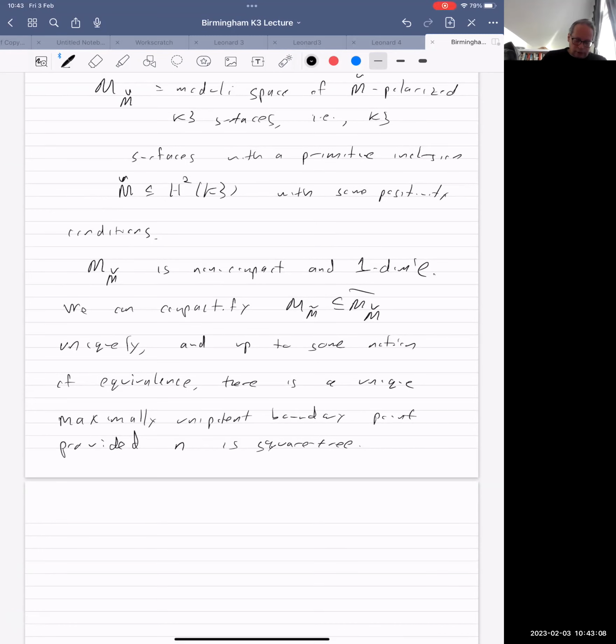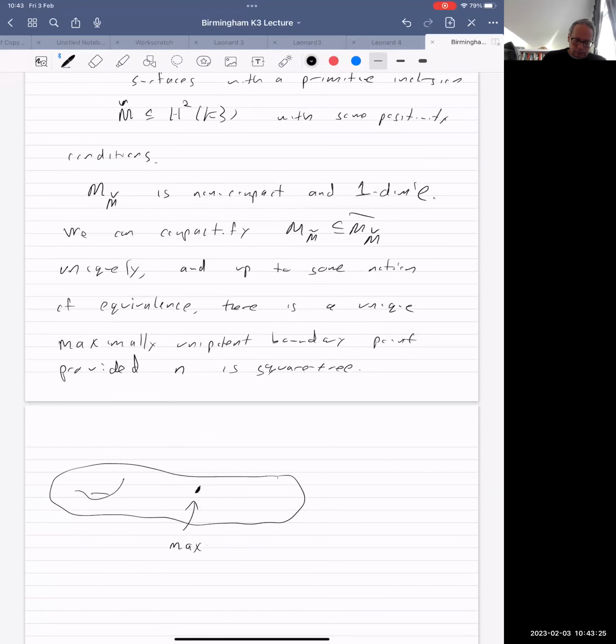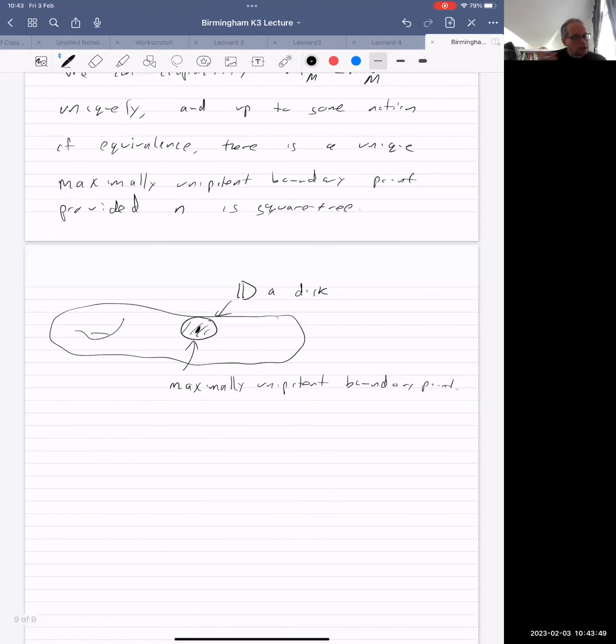Okay, so we have this moduli space, which is some Riemann surface, or a compactified moduli space, and up to this notion of equivalence, we have a maximally unipotent boundary point. Now we can take a small disk around this maximally unipotent boundary point. I'll call this disk D. We can restrict the universal family over this moduli space to D, and then we can compactify it.